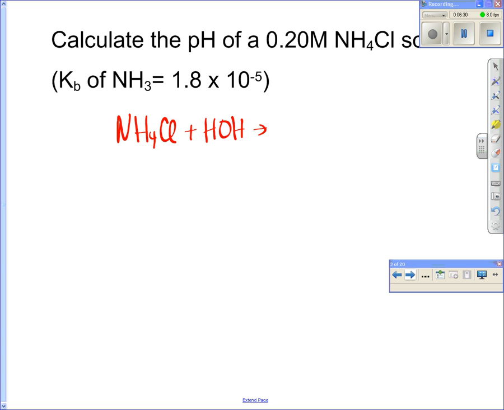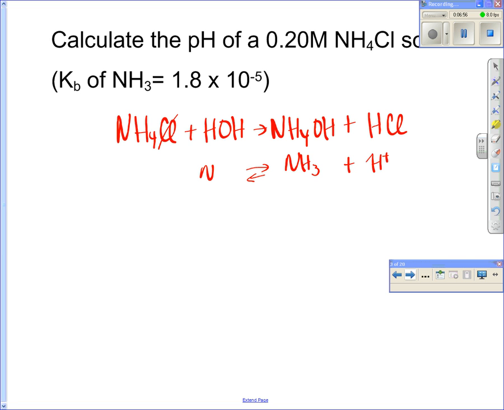If I write this reaction, again, double replace, the base that this came from is ammonium hydroxide, or you could actually just write NH3. And the acid that it comes from is hydrochloric acid. Or we're going to find in just a minute that we could just write H+, because the chlorines are going to be gone because it's a strong acid.